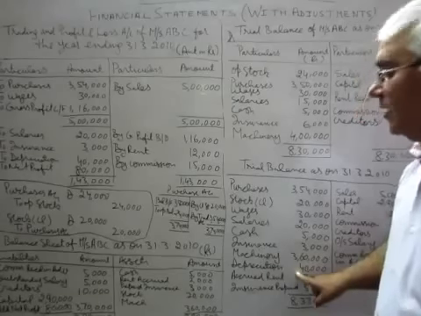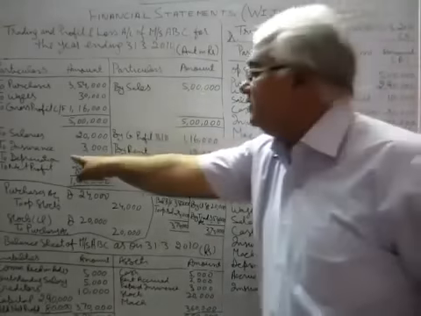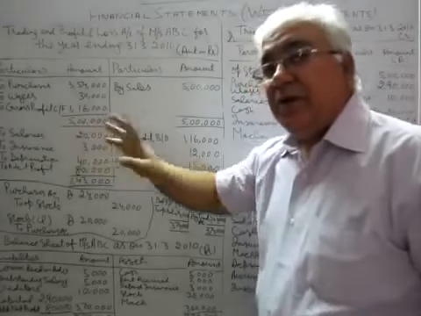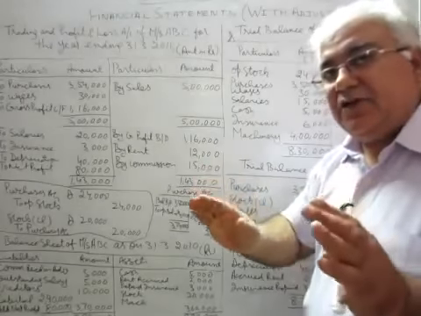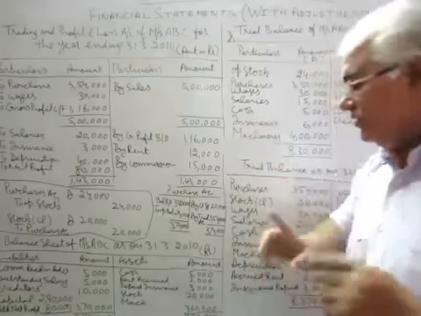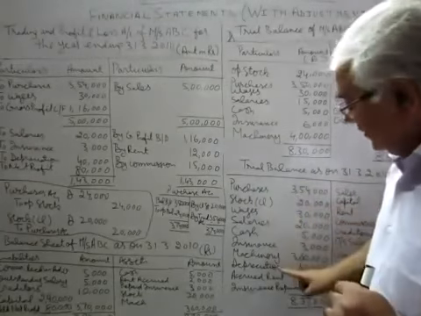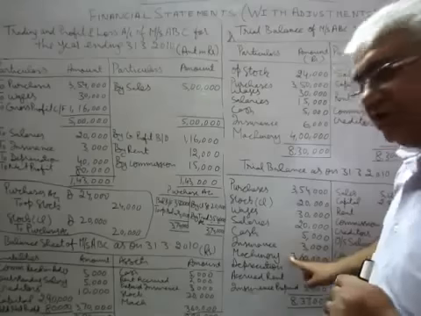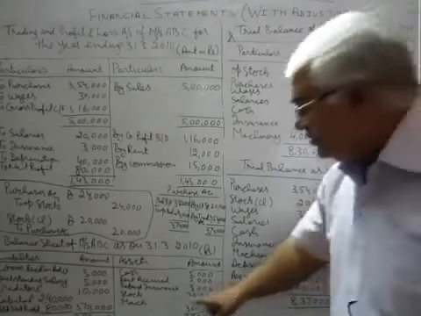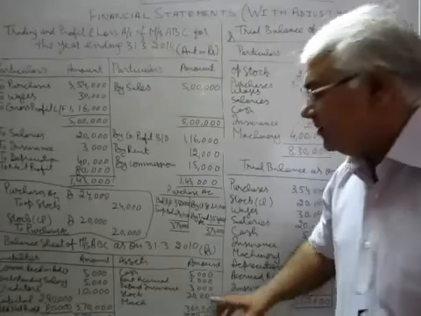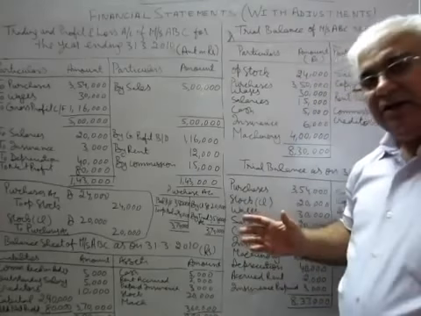That's why it is taken here as 40,000, but 360 has not been reduced further by 40,000. So this is actually the net figure of machinery, 360, that is after reduction of depreciation. That's why machinery is shown at 360. I hope it is quite clear.